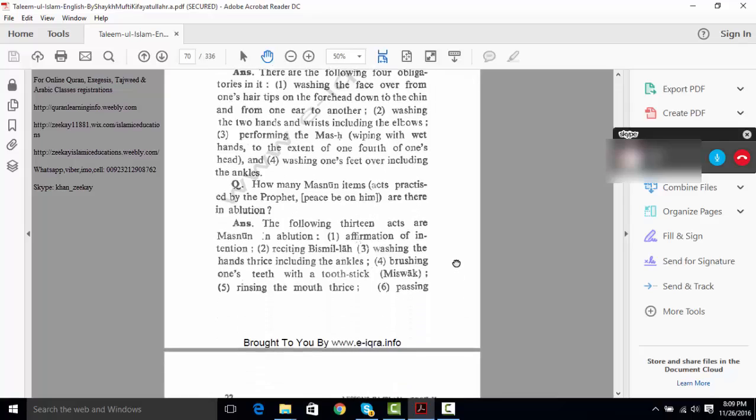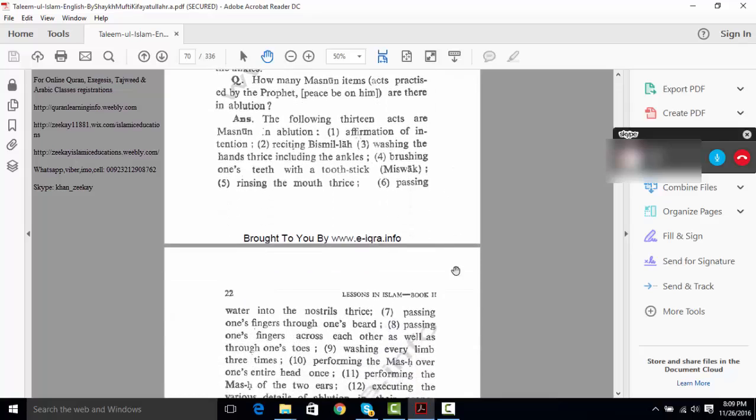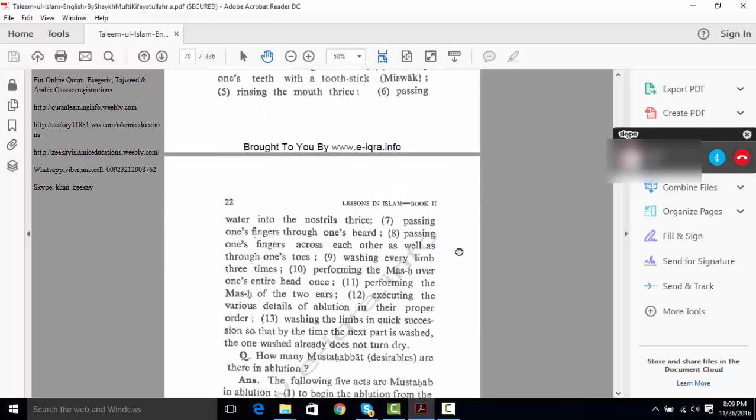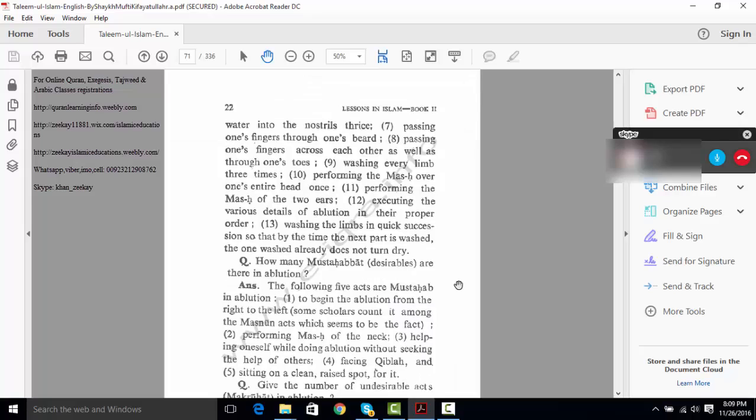Okay, how many masnoon items are there in ablution? Could you tell me? Thirty. Okay, good. How many mustahabbat are there? How many desirable acts are there?